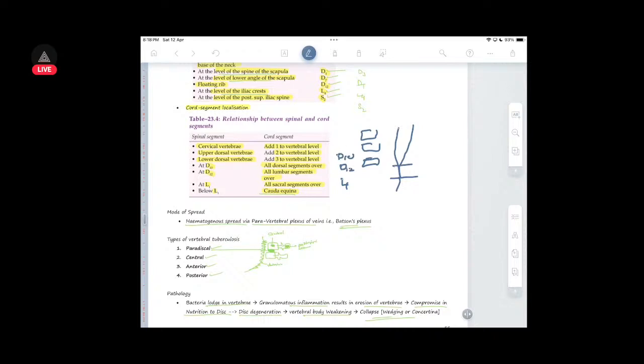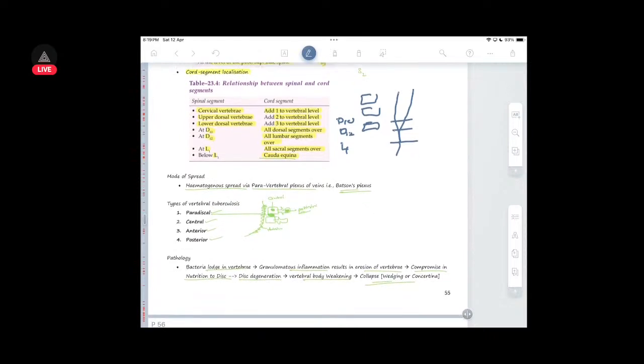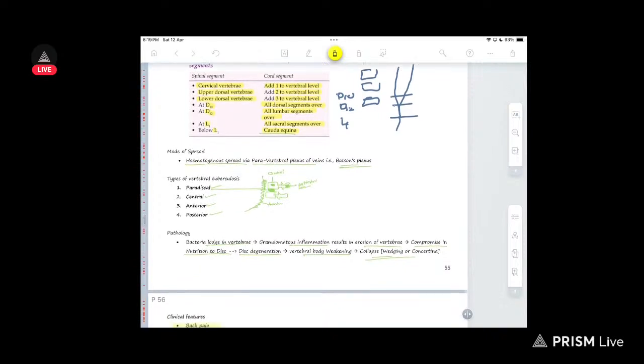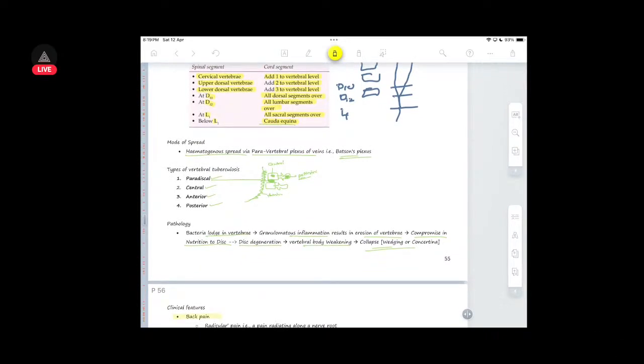D10, all dorsal segments are over. Then cervical vertebra, you add one to the vertebral level. You have to remember. Okay, you just add one to the vertebral level. That's it. Add 2, add 3.